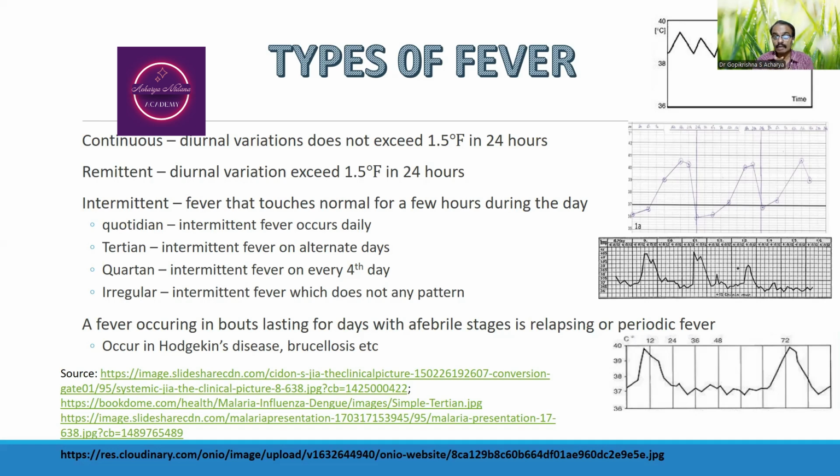Whereas in remittent fever, the temperature variation will exceed 1.5 degrees Fahrenheit in 24 hours, and the person will be having fever throughout the day. Whereas intermittent fever, this is the image of the second image, is where the fever will touch normalcy for a few hours during the day.